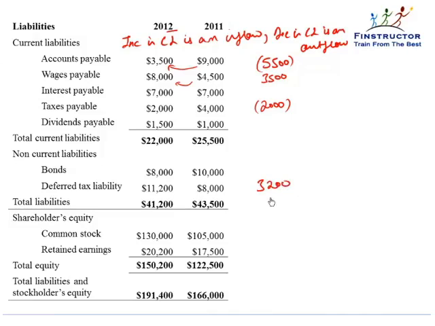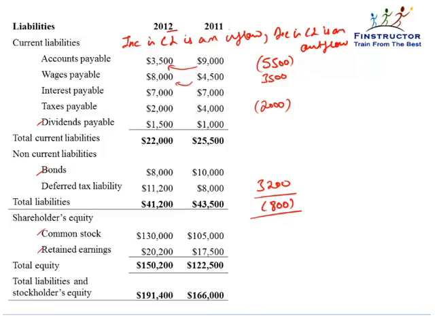So from the liability side, we see that we need to make a total adjustment of minus 5,500 plus 3,500 minus 2,000 plus 3,200. That is a net figure of minus $800. Please note that dividends payable and other items of the liability side will affect cash flow from financing, not operations.